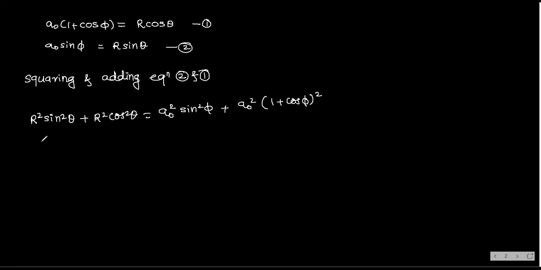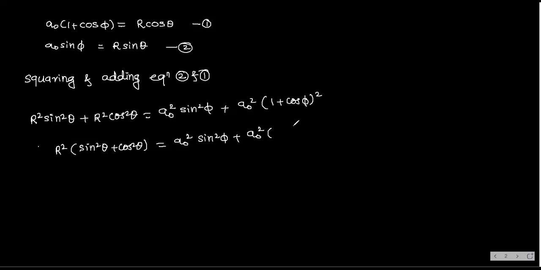Yes. So if I will take r square common here, what is left in the bracket? Sin square theta plus cos square theta. And this is equal to here A0 square sin square phi plus this is A0 square.